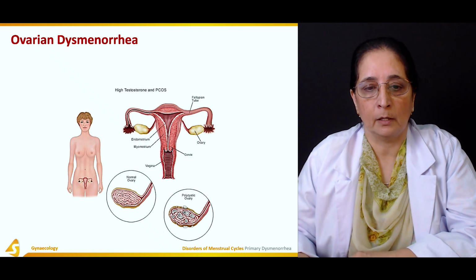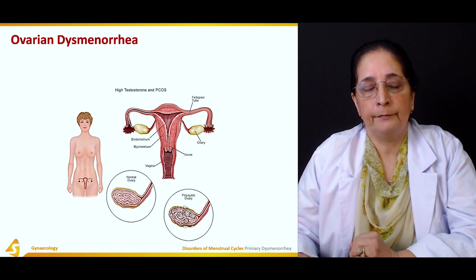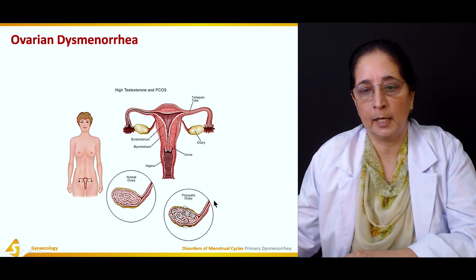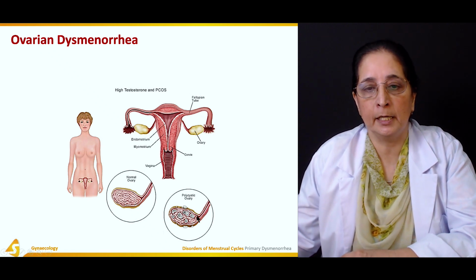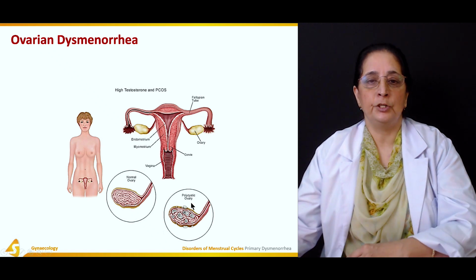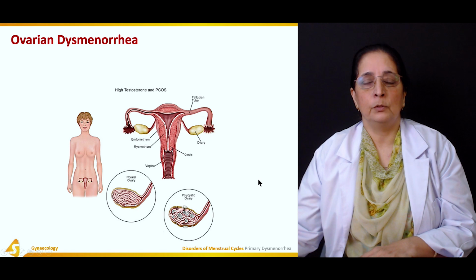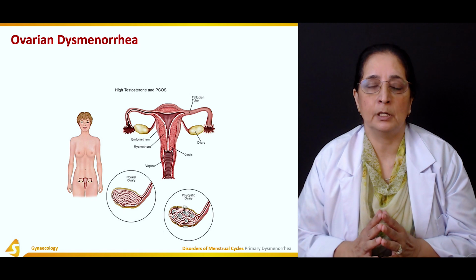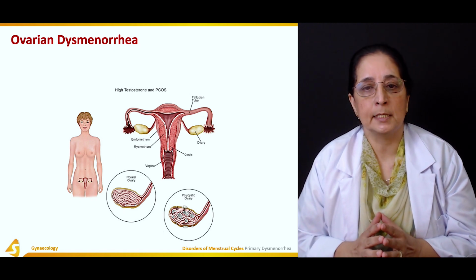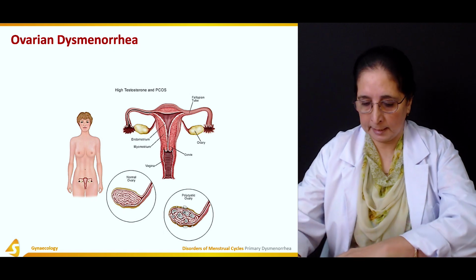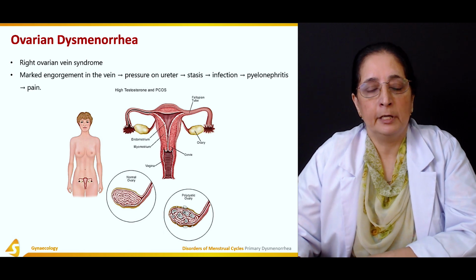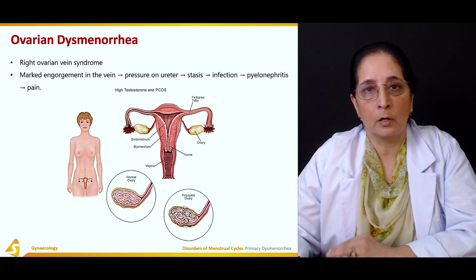Ovarian dysmenorrhea occurs if there is high testosterone and polycystic ovarian syndrome. In polycystic ovarian syndrome, there are multiple cysts present in the ovaries, and these patients usually do not ovulate normally, and they have problems in conception and ovulation. Another cause of ovarian dysmenorrhea is right ovarian vein syndrome, in which the veins are engorged or swollen.